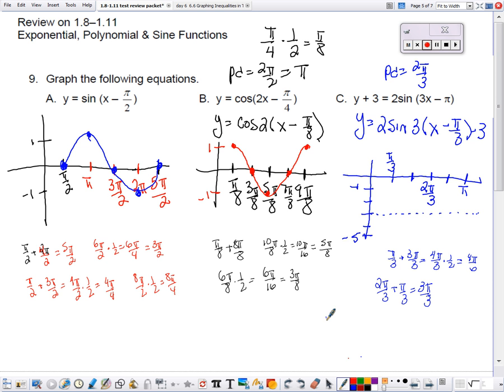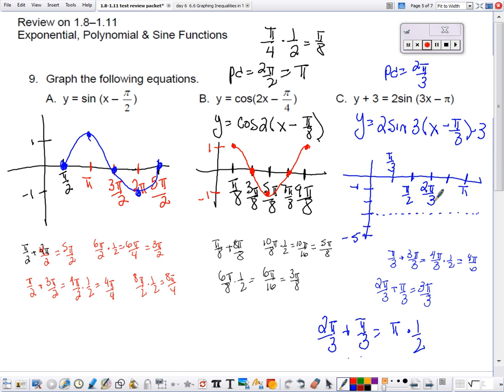So 2 pi/3 plus pi/3 gives me pi, but I need half of that, so this right here is pi/2.